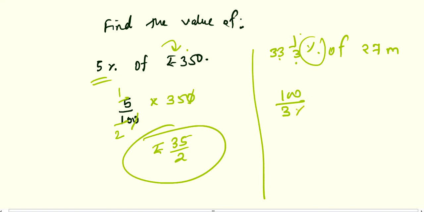Now percent is there, means into 1 by 100, because when there is a percent sign, 100 gets multiplied in the denominator, into 27. So this 100 and 100 get cancelled. 3 1 ja, 3 9 ja. Okay, so finally 9 meter is the required answer. Okay, so question number 4 you can solve. Then question number 5 I will solve now.